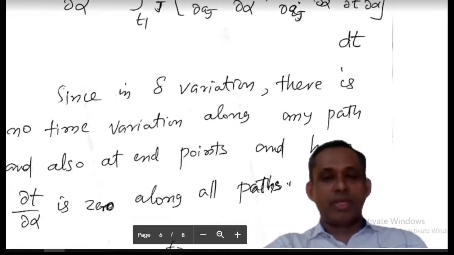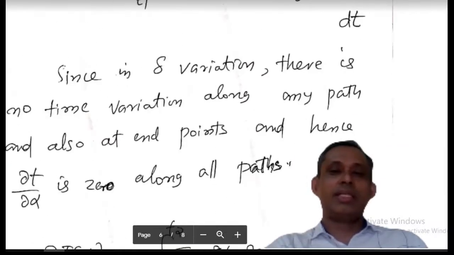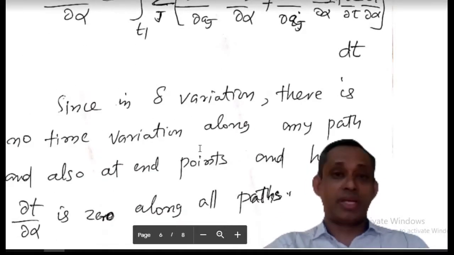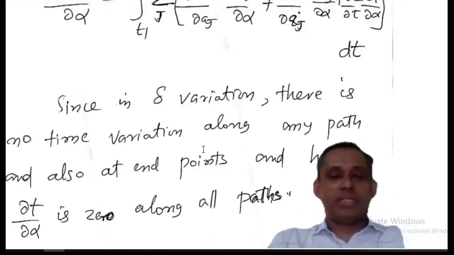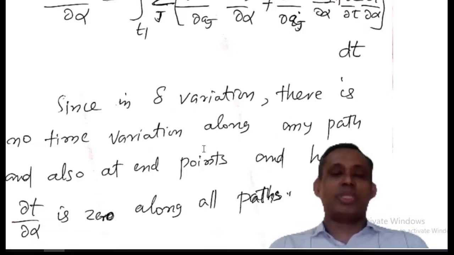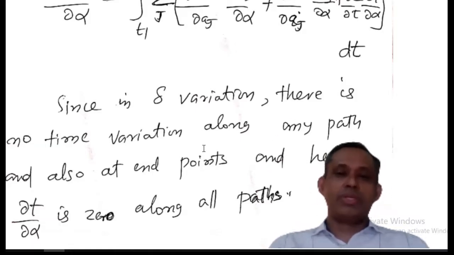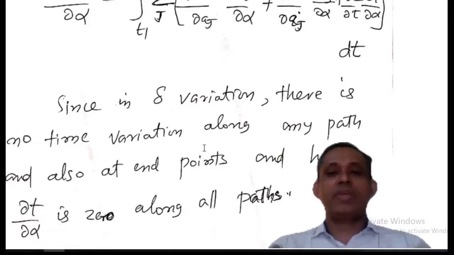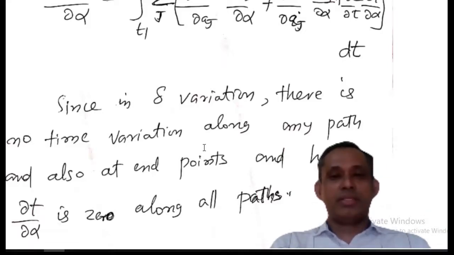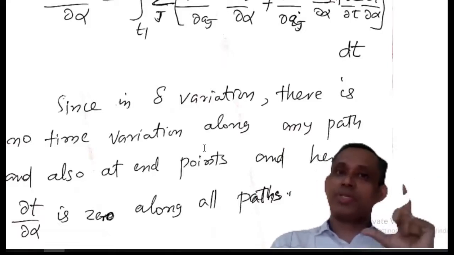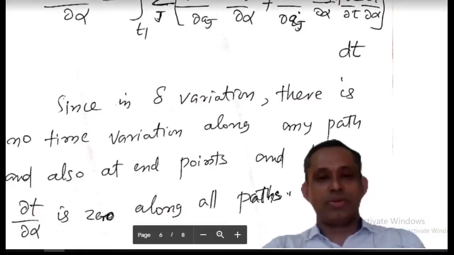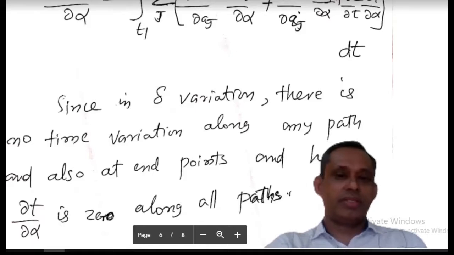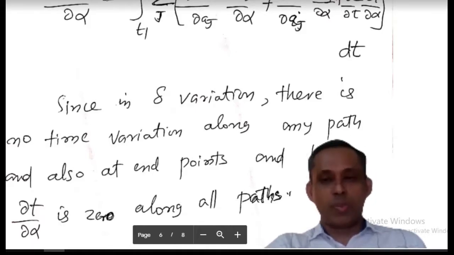Now, in the delta variation, the variation that we are considering with respect to alpha, when alpha changes to the different paths, there is no time variation, because the time is the same, t1 to t2. There is no time variation along any path. The delta variation is with respect to the path only, not with respect to time. So there is no time variation along any path, and also at the endpoints.